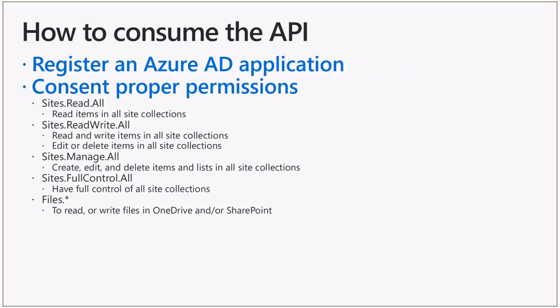There are permissions to read and write content if you want to have write access, to manage or to have even full control on all of the site collections in your SharePoint Online tenant. There are a bunch of permissions dedicated to file access, to read, write again, or to do all of the operations that you need to do against files, whether they are in OneDrive or in SharePoint Online. So based on what you need to do, you can configure your permissions.